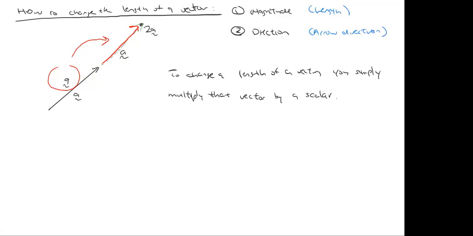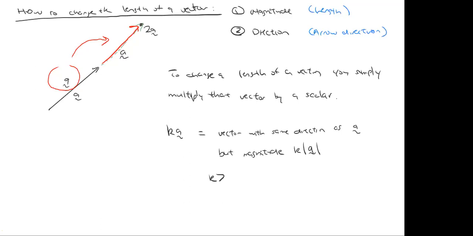So, in other words, Ka is a vector with the same direction as A, but magnitude K times the magnitude of A.